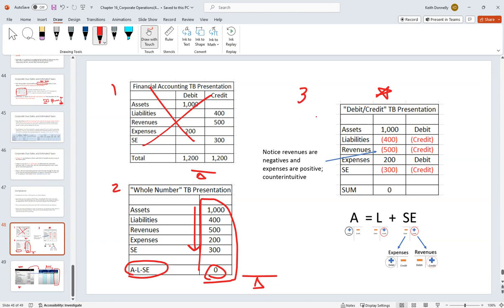Then to build off that, how do we get to this? What's going on here? Well, this is essentially a natural balance trial balance. And what does that mean? You think about what you normally naturally debit versus what you normally naturally credit. Think about financial accounting: got cash for a car, debit cash.